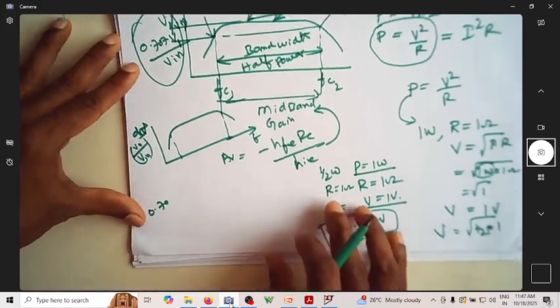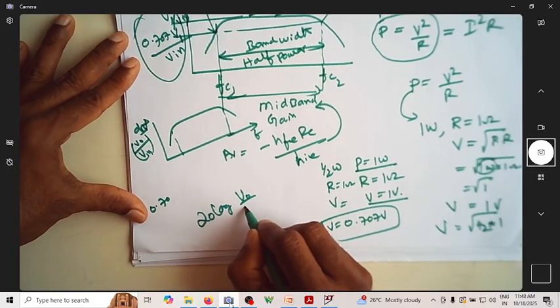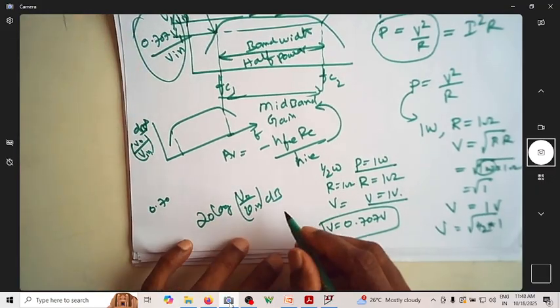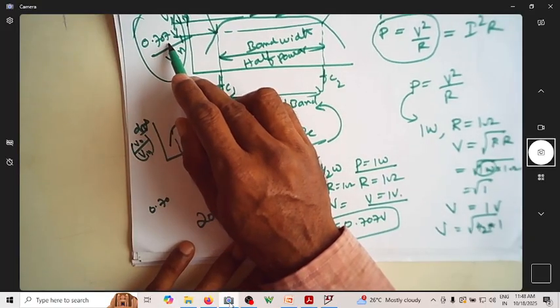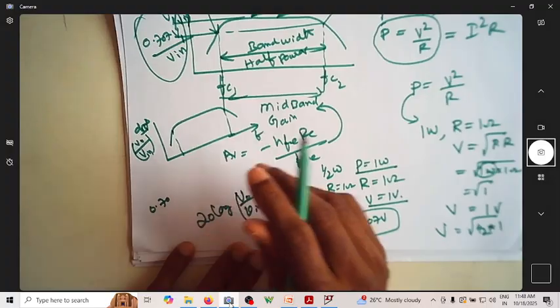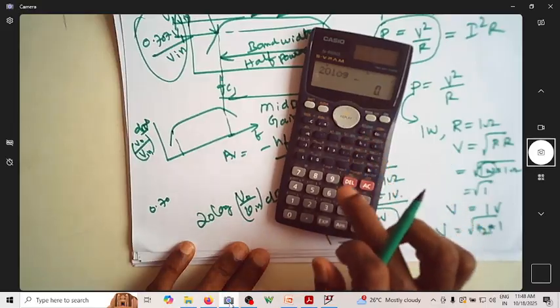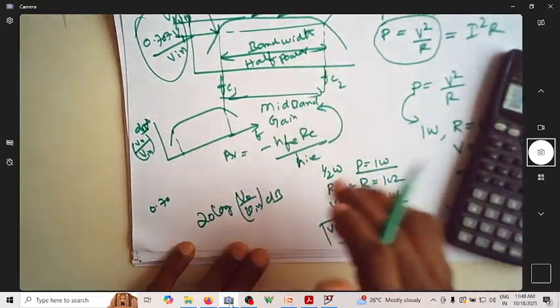How do you represent it in dBs? It is 20 log of V naught by Vin. Now, does this point correspond to 0.707 times the gain? So then what is 20 log of 0.707? Is it not minus 3 dB?